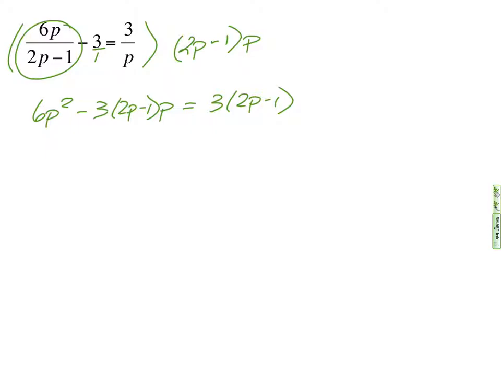Alright, so now we multiply this out. Now this 3 and the p, I'm going to think of that as 3p whenever I distribute it here. So 6p squared plus 3p, and on the right, 6p minus 3.